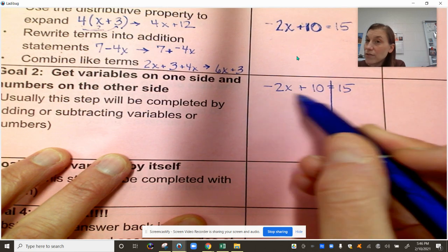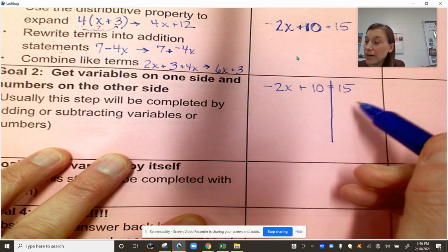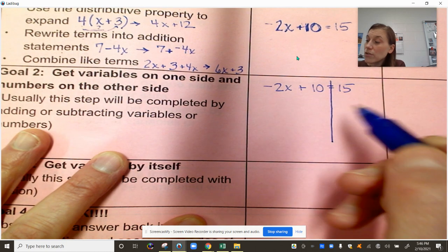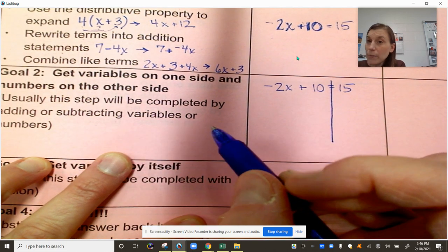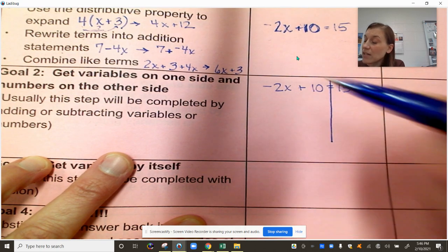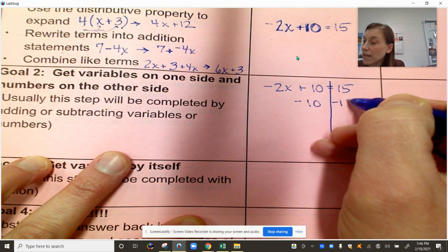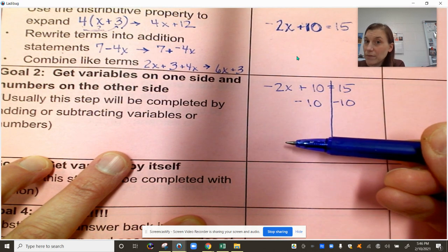We want only the variables over here and the numbers over here. To do that, we do the opposite operation with the same number. I want to get rid of this add 10, so the opposite is to subtract 10. I subtract it from both sides, and then I simplify down.